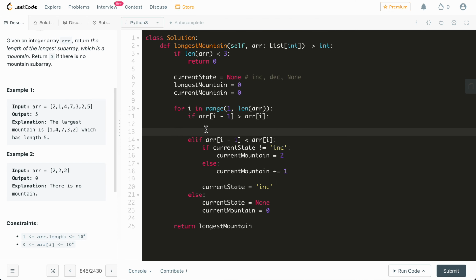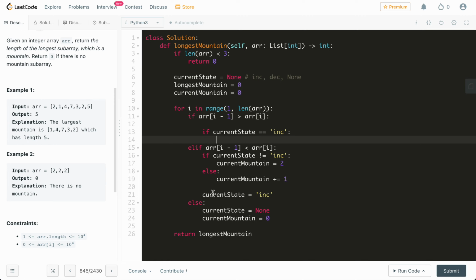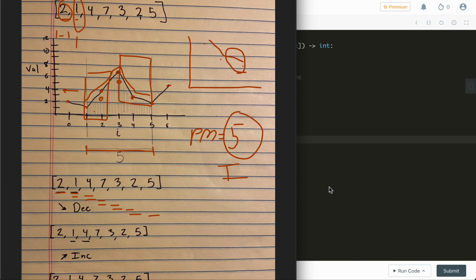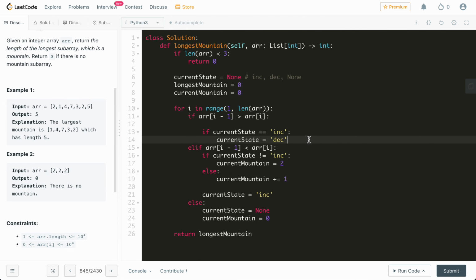So if we were to enter into this if block and the current state was increasing, then we would want to now enter into a decreasing state. So if the current state is equal to increasing, now we want to say that we're decreasing. We want to set this to decreasing. Whoops. So we're increasing, and now we're decreasing, but because we were increasing, now we're going to be decreasing. I hope this makes sense, but I think it does.